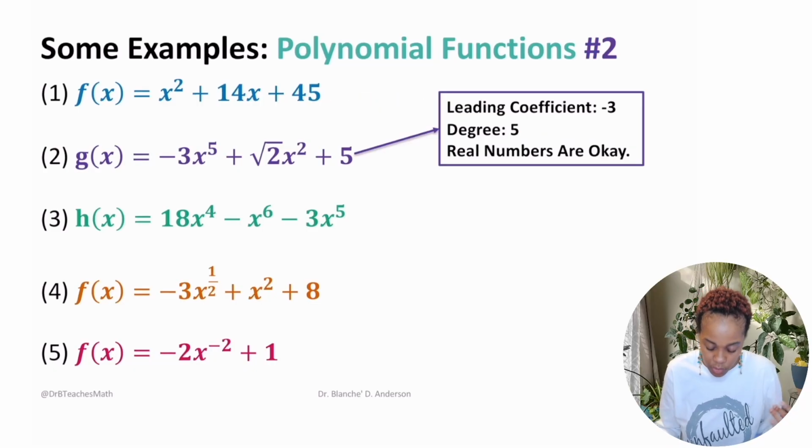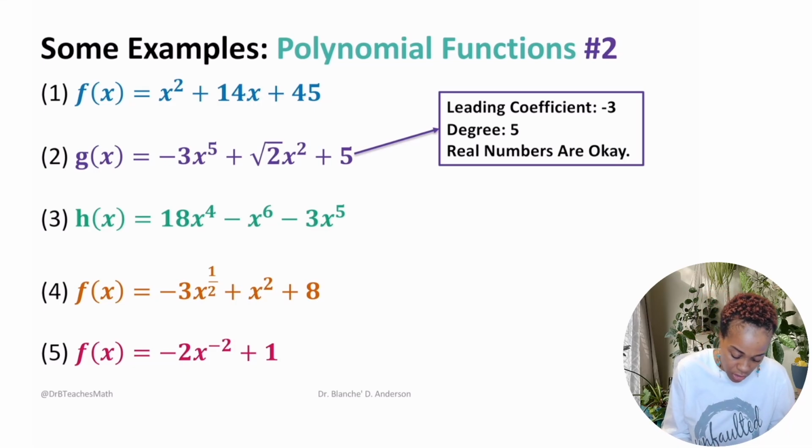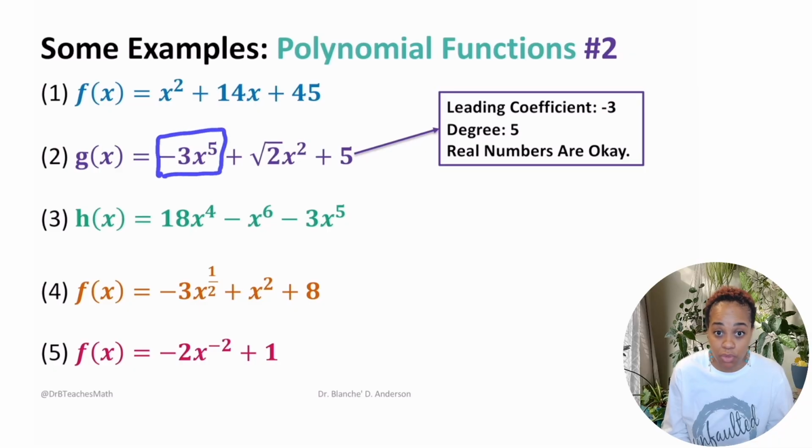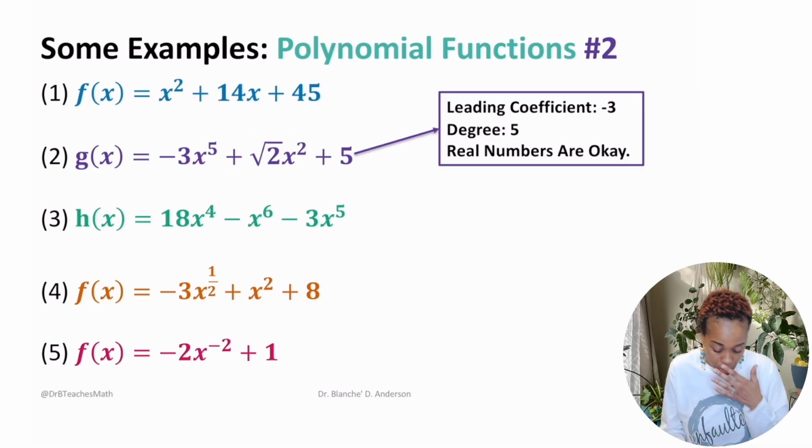Let's look at this second one. This second one has a leading coefficient of -3. You see that? It's the leading coefficient of -3 because this is the largest term, if you want to call it that. This has an x squared. That does not have an x tied to it. So this is the largest term because the 5 is the biggest. So this polynomial function has a degree of 5, and real numbers are okay.